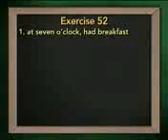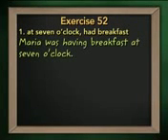Let's review that exercise. You were making sentences with Maria, right? And past continuous tense. You saw the prompt at 7 o'clock and had breakfast, and you wrote, Maria was having breakfast at 7 o'clock.